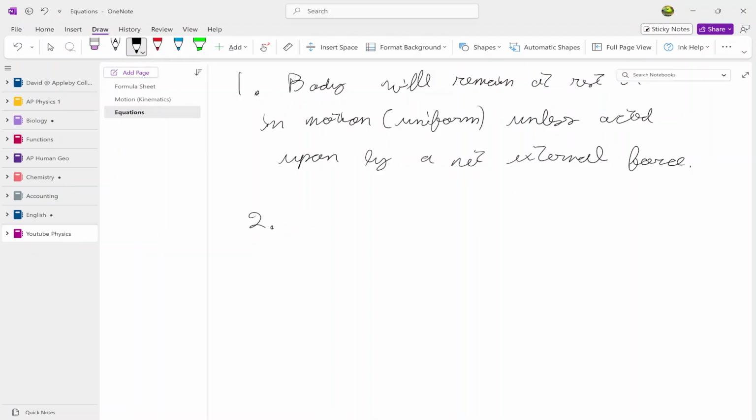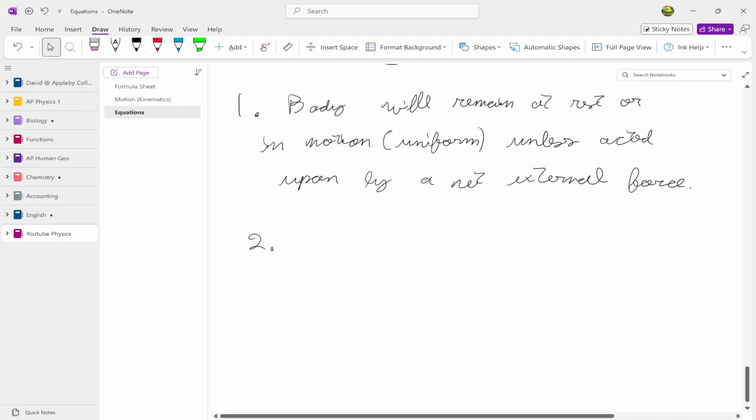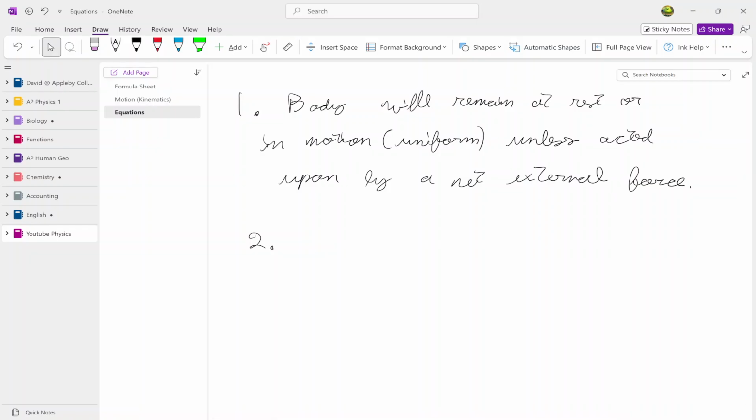Everything in life has to have a reference point. Two things acting upon each other, and if it's moving, it can't really just slow down unless something slows it down, such as friction, for example.